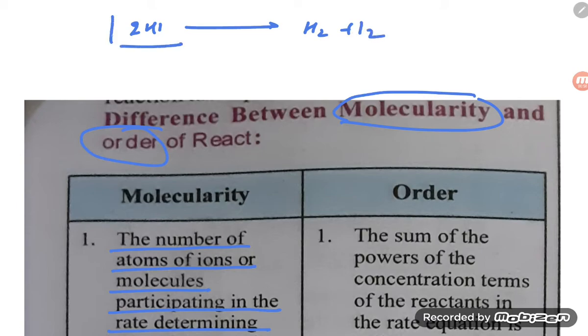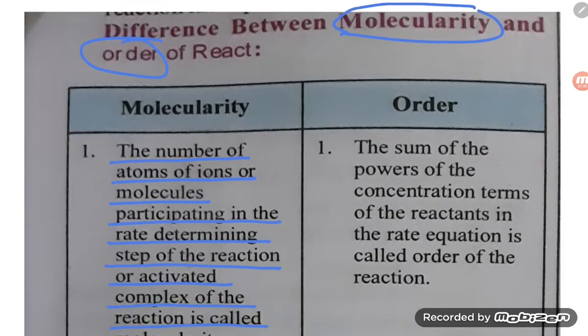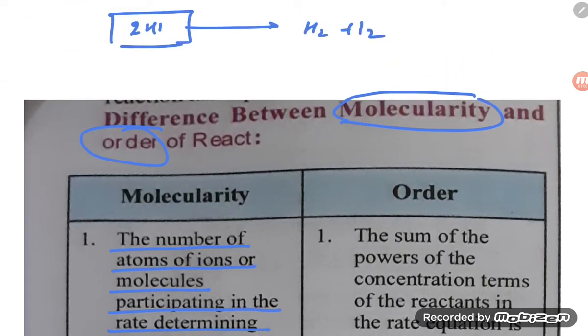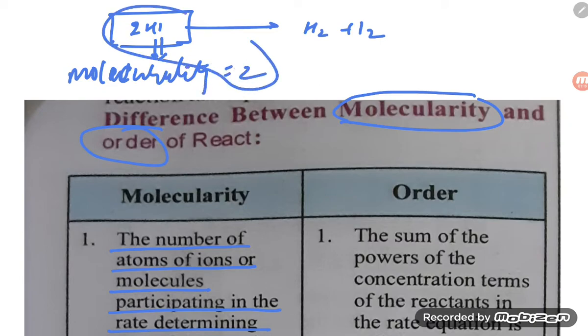In the rate determining step, this single step, how many reactants are there, student? Two reactants, two molecules. So molecularity will be how much? That is two.